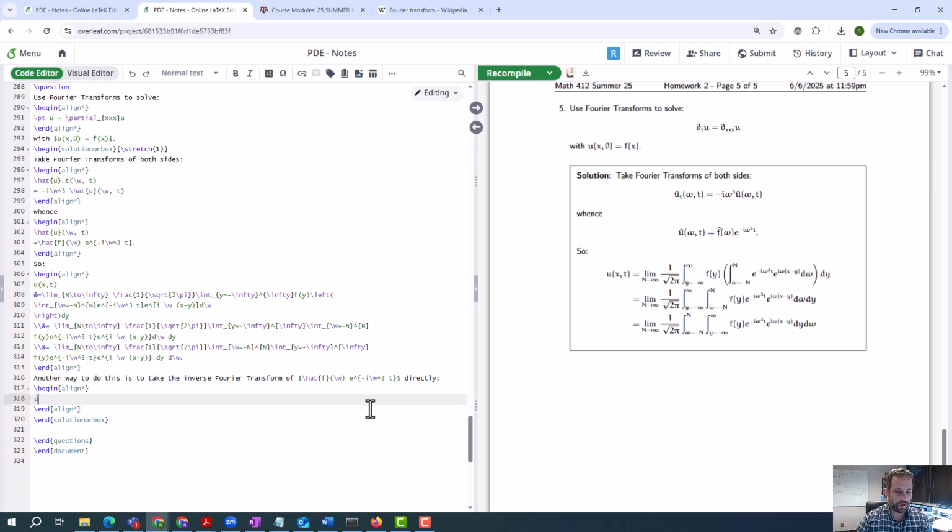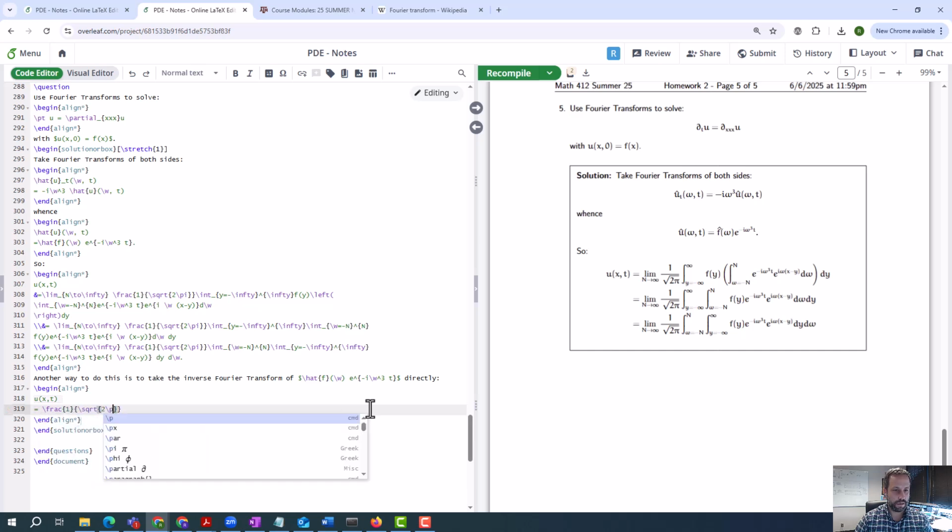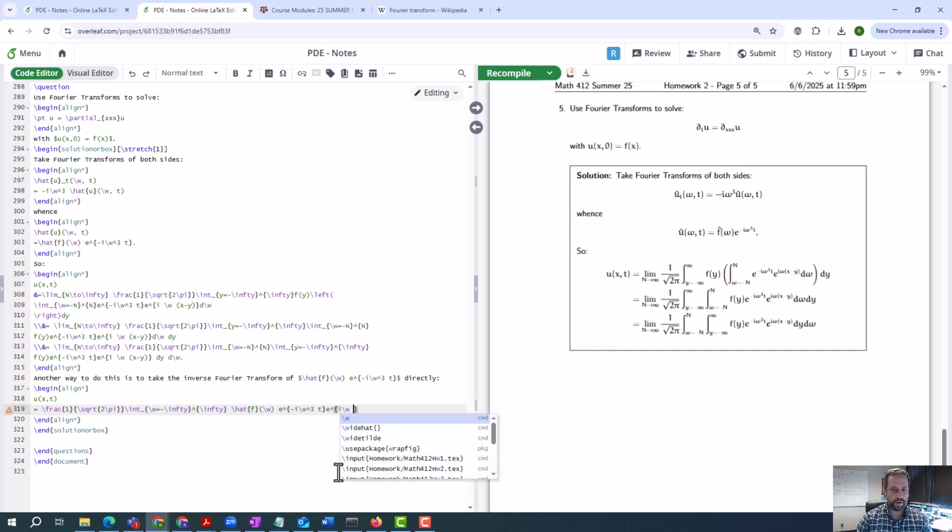We get u of x, t equals, and then it's going to be this times e to the i omega x d omega.